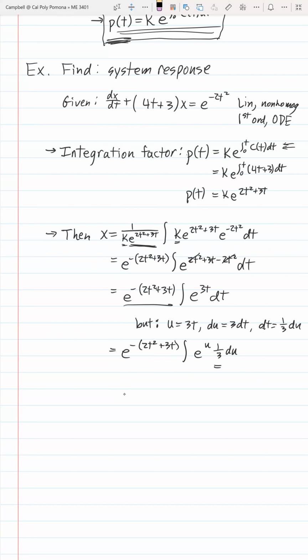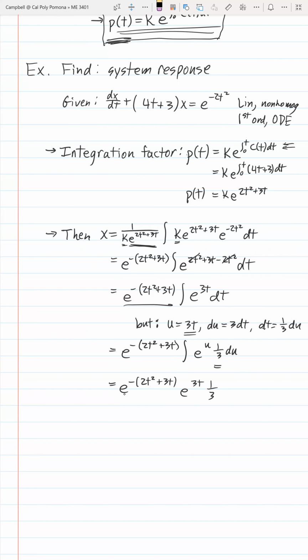And so then integrating e to the u du, factoring out that 1/3, we get e to the u. And then we can back substitute in this 3t into e to the u. So going ahead, we get e to the negative 2t squared plus 3t times e to the 3t times 1/3.